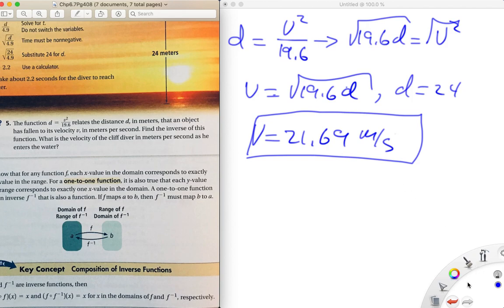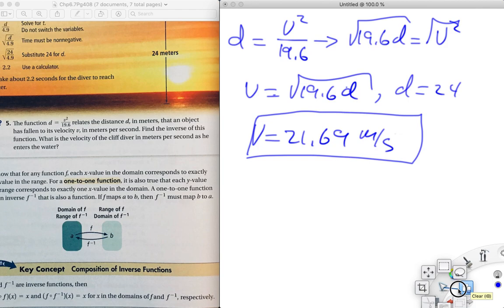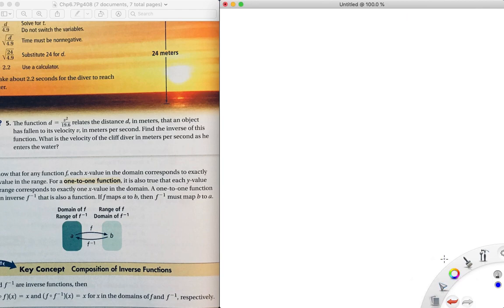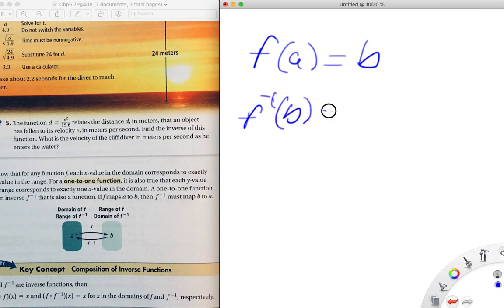Sorry, so what a one-to-one function is, if it's a true one-to-one, if I have some f of a equals b, then the inverse f inverse of b has to equal a. They have to. And if they do, and they're both a function, then we call that a one-to-one function.